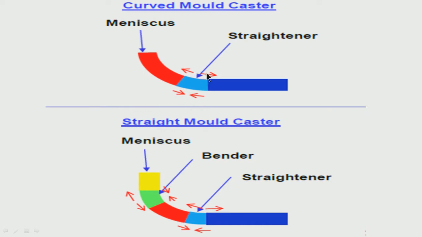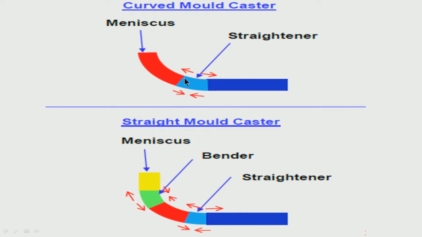All these arrows indicate that when you are doing straightening or bending, you see what is there inside the mold. This is the mold, outside the mold it is the strand, then below the mold the strand is coming out. So, here is a curved mold and then the strand will come out.